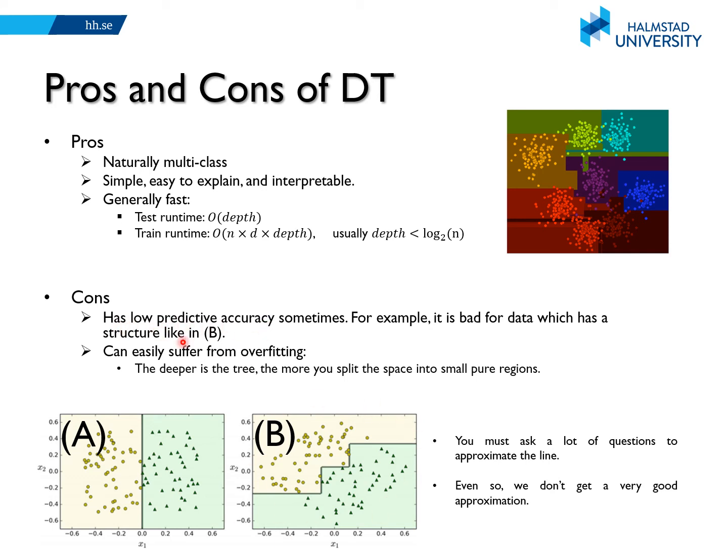The other problem is that a decision tree can easily suffer from overfitting. So imagine that you have a very deep tree, so the depth is very high. You will split the space into very small regions, right?